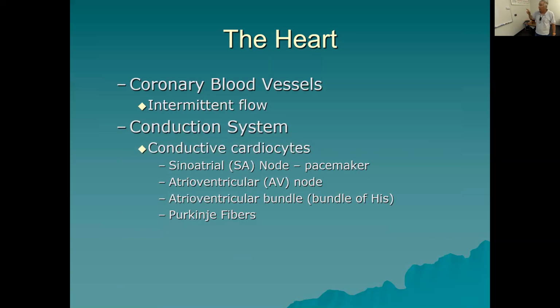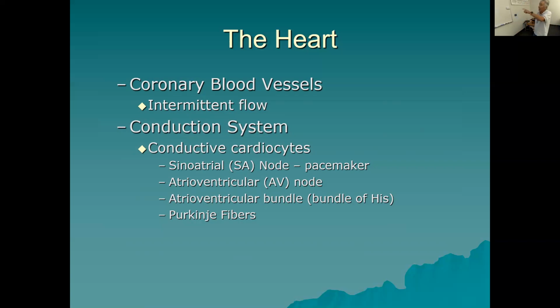It's called the SA node. Once it fires, the excitation travels through the atrium via gap junctions through the contractile cardiocytes of the atrium. And this excitation causes contraction of the atrium, so atrial systole.